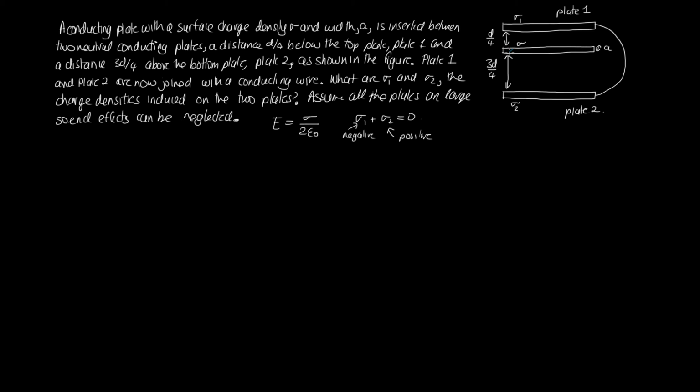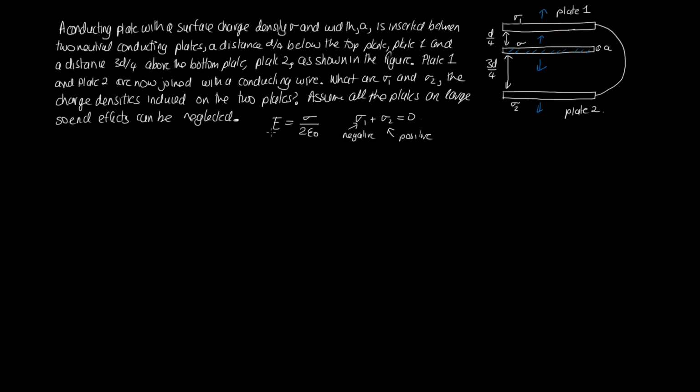So let's represent sigma with this blue color. And let's sketch what the electric field is going to look like in all these regions. So because this is a positive charge, electric field lines go away from positive charges. So the electric field lines due to the inserted charges are going to look like this.